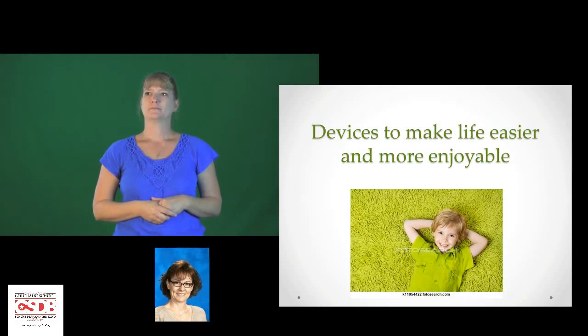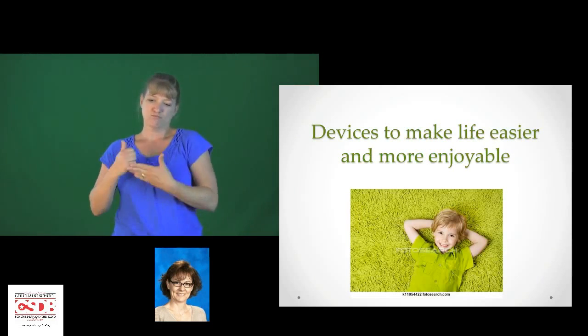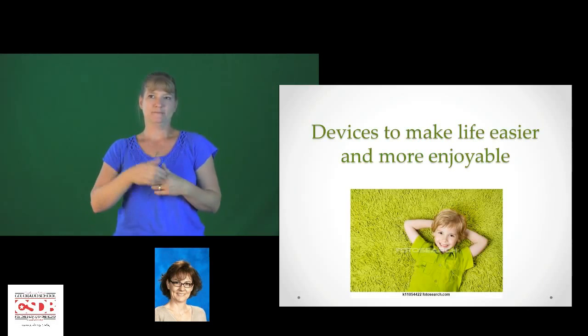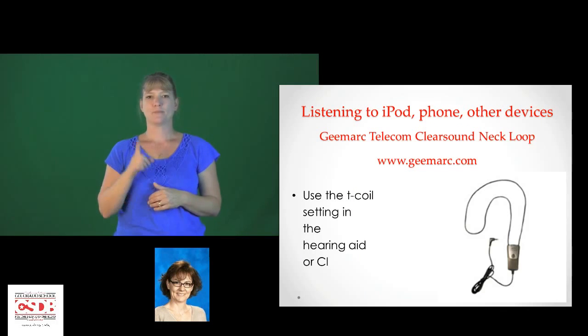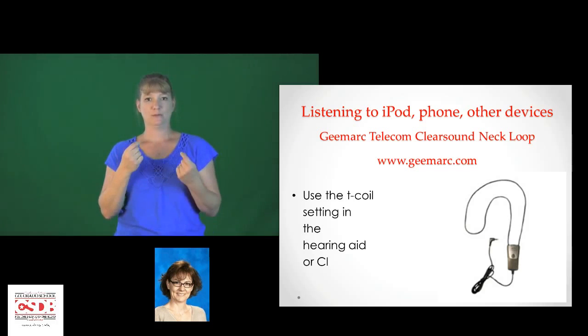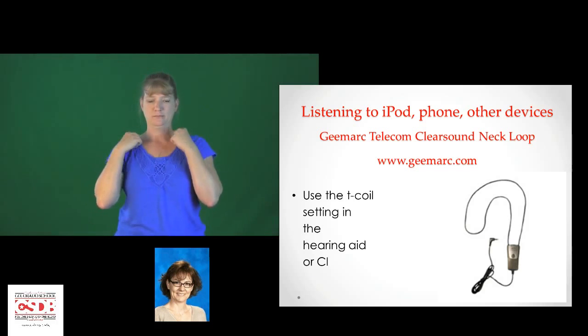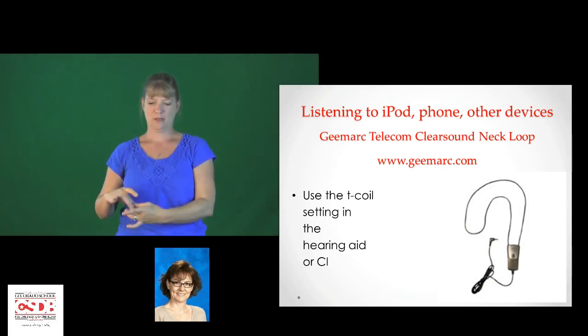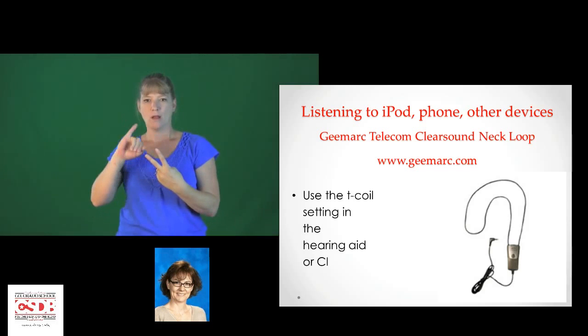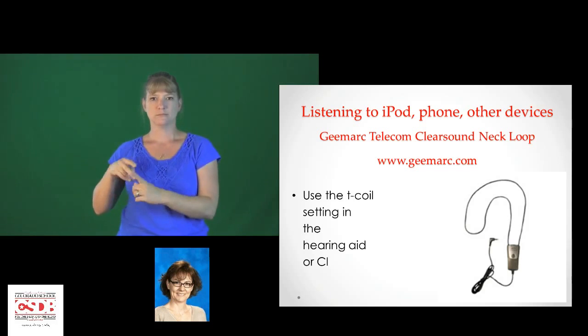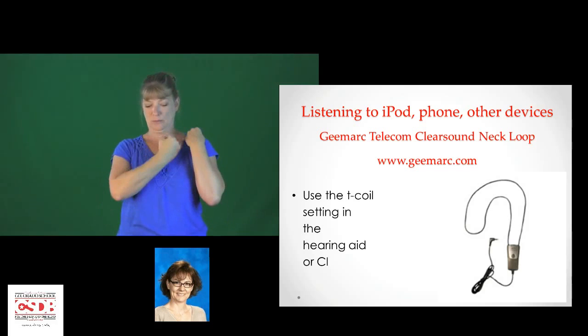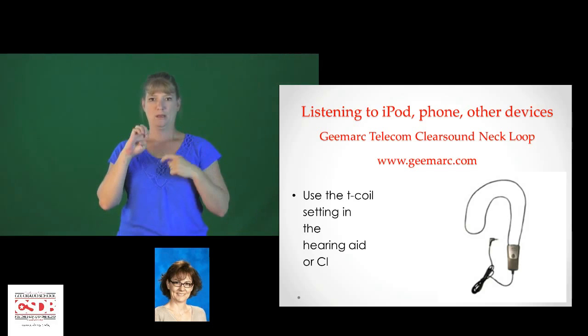And there are devices that just make life easier and more enjoyable. This is one device that's worn around the neck, and it plugs into listening devices like phones or iPods. And the wire around the neck gives off an electromagnetic signal.